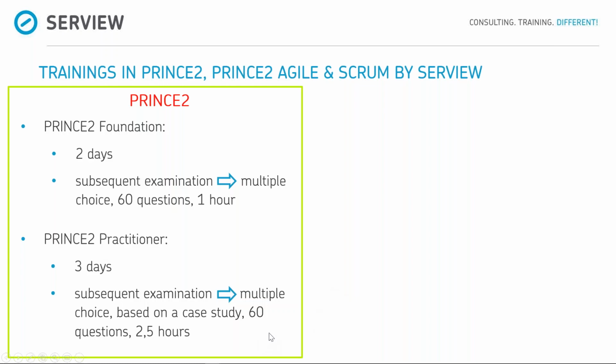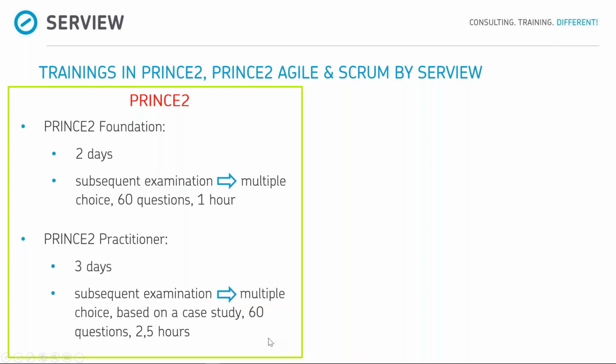This is a 3-day course, and it consists heavily of exercises. We will be looking at a use case, and we will be doing some exercises, writing up some business cases and so on. And at the end, you will have the possibility to take an exam as well to be certified as a practitioner.